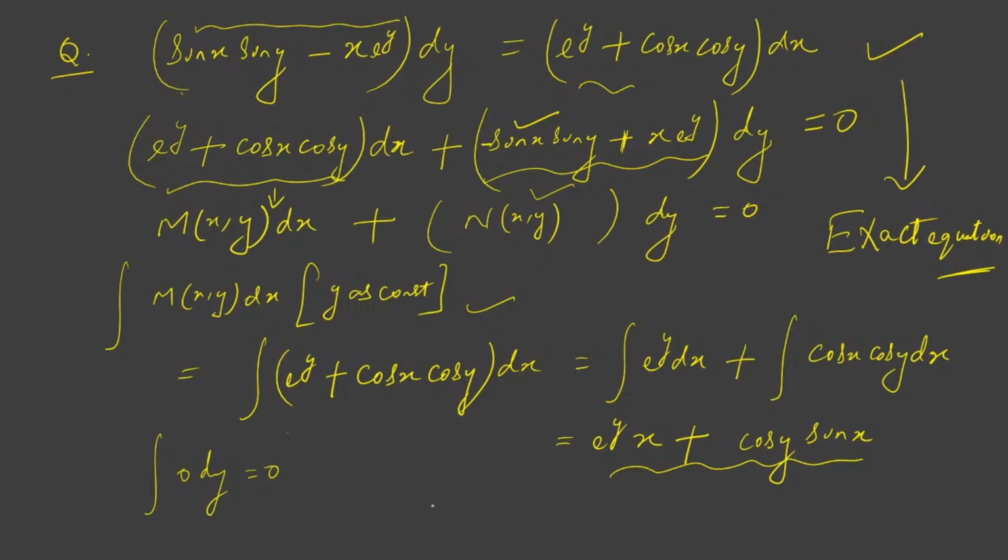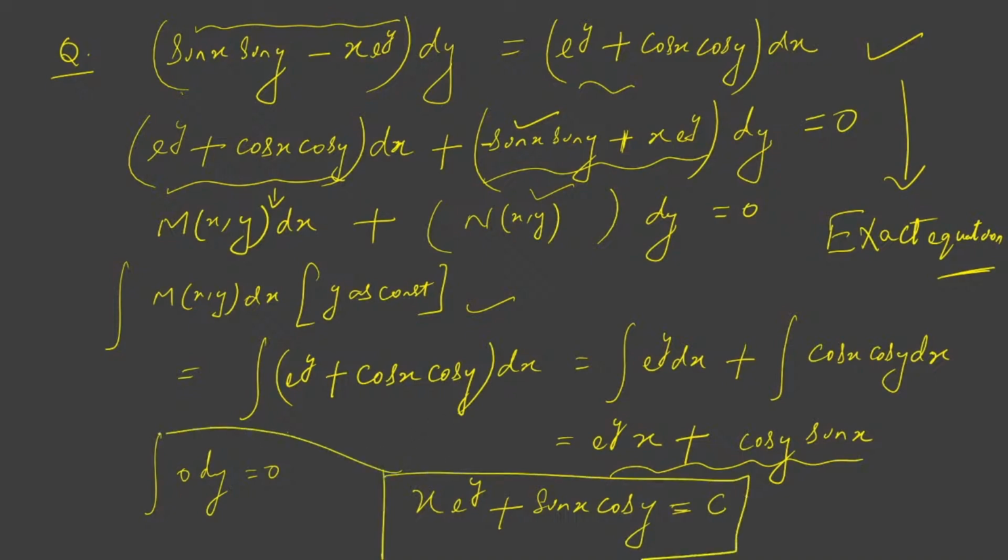So you can write it simply x e to the power y plus sin x cos y is equal to c. This is the solution of this differential equation, right? So it is another method of solving this differential equation.